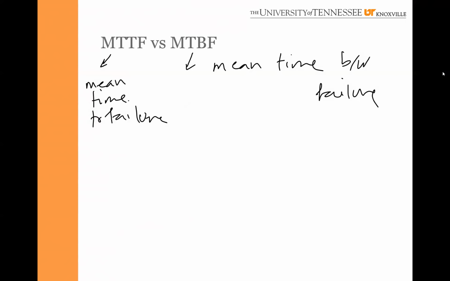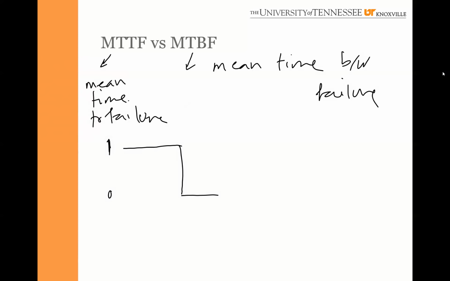Okay, so when are these two exactly the same? Anybody from that part of the class? So let me draw the process to get something concrete. I'm gonna call state of operation as 1 and failure as 0. I start from 1, it's operational for some period of time, and it fails.